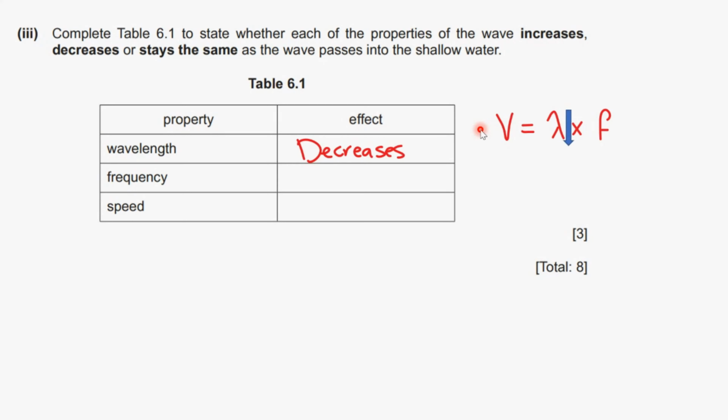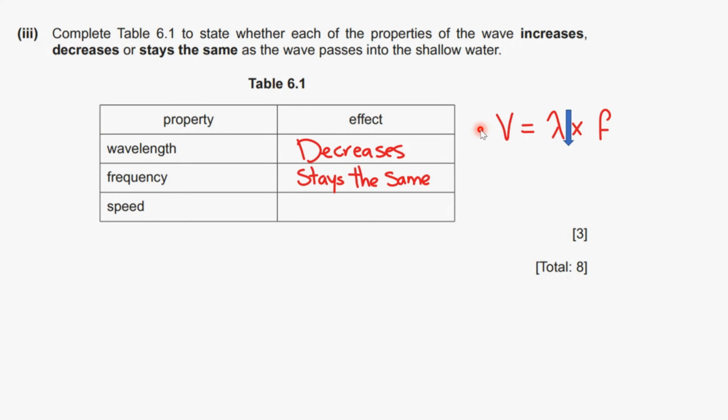Okay, the frequency means the number of complete vibrations or oscillations, as incident and as refracted, they are similar. There is no change at all in this example. So the frequency stays the same; the number of oscillations does not change.